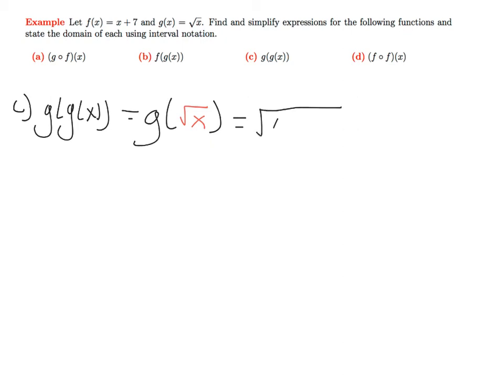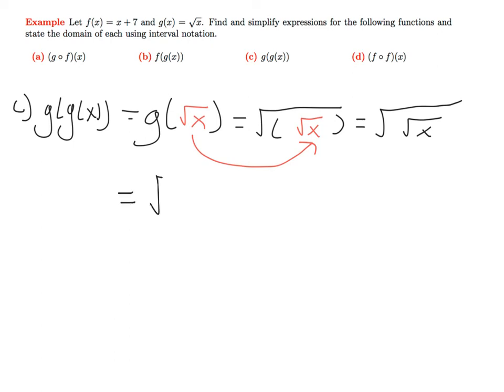So I've got the square root of x, and I replace each x in the outside function with the expression for the inside function. So what this is saying is take the square root of the square root of x. And that is equivalent to taking the fourth root of x.